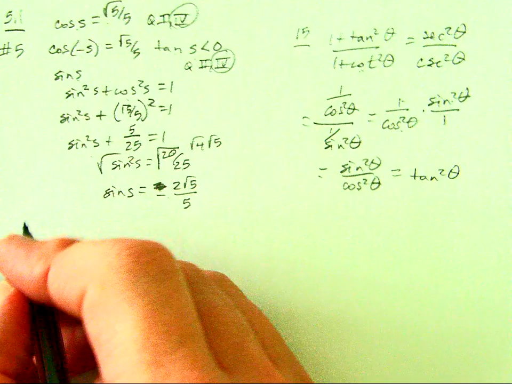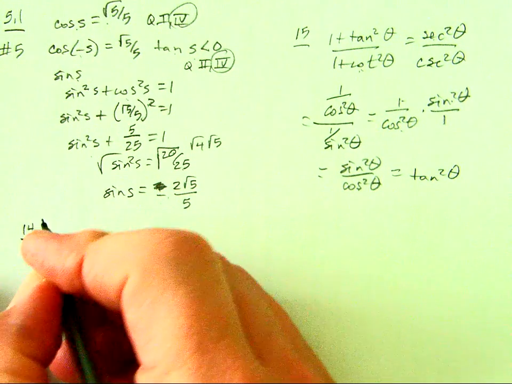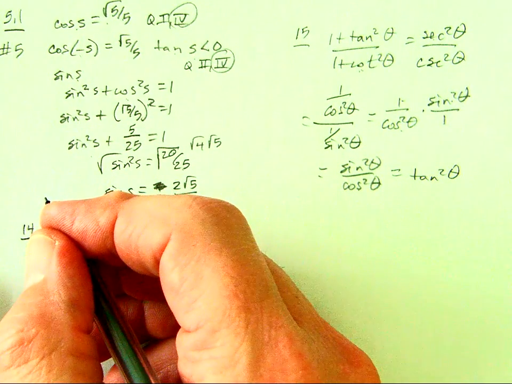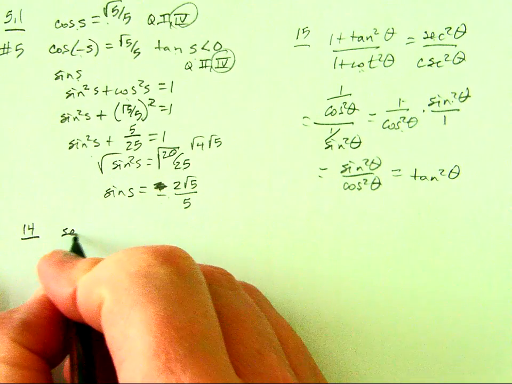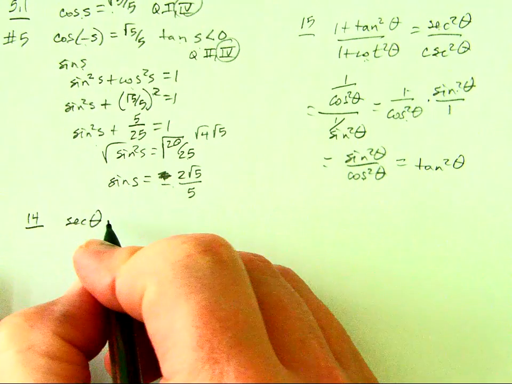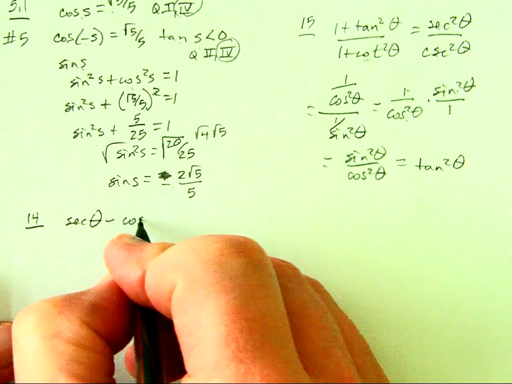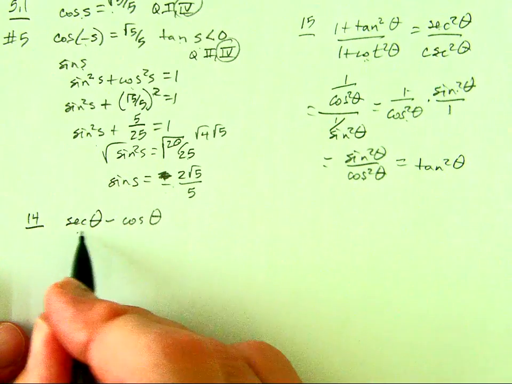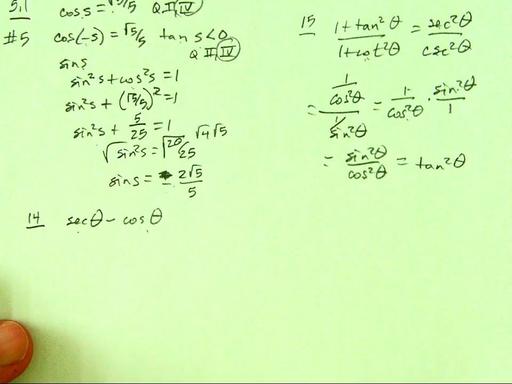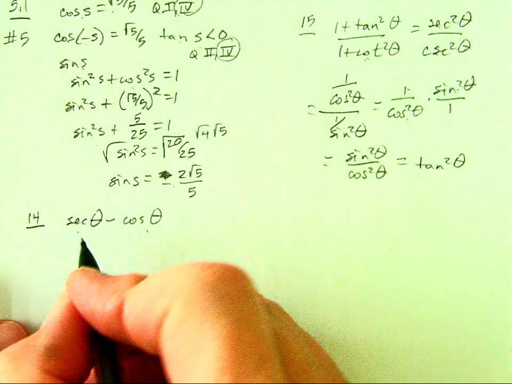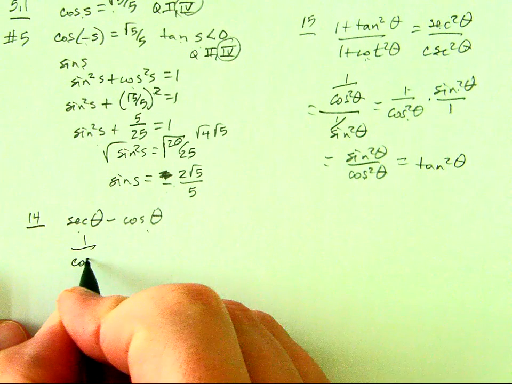Let's say we also do 14. Let's add some common denominator work in it. So we have secant theta minus cosine theta. Secant and cosine are related, so the first thing I would do is try to get the same trig function. Secant is 1 over cosine.